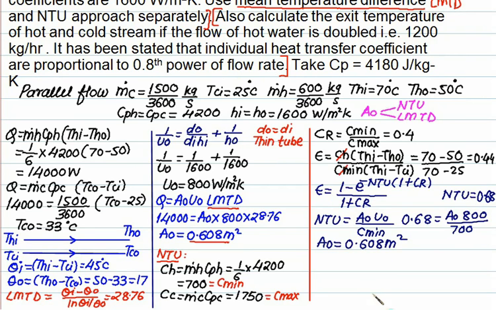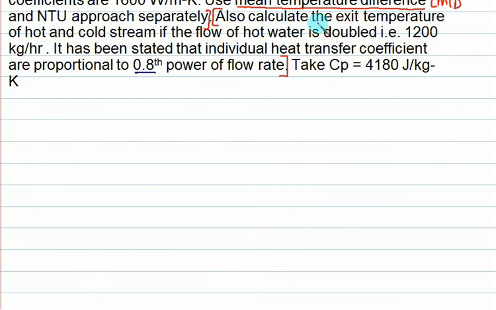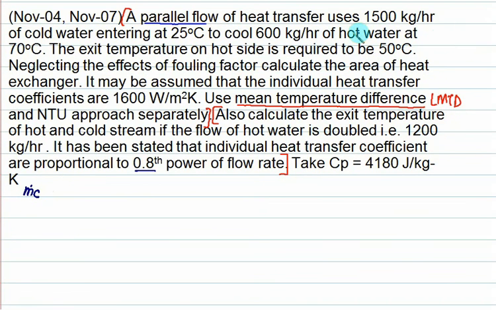In the second part, we are given that there is no change in the cold fluid. So what is M dot in the previous part? It is 600, and now it is 1200, proportional to M dot to the power 0.8. Agree?